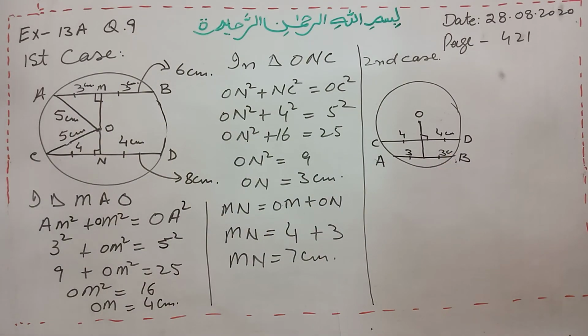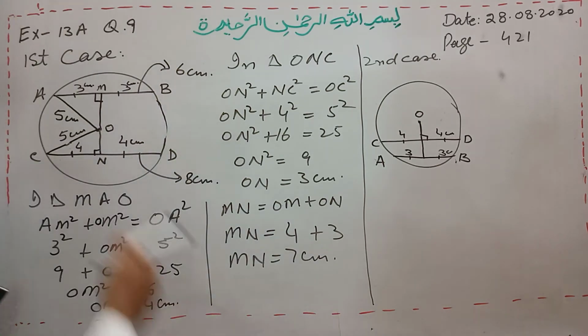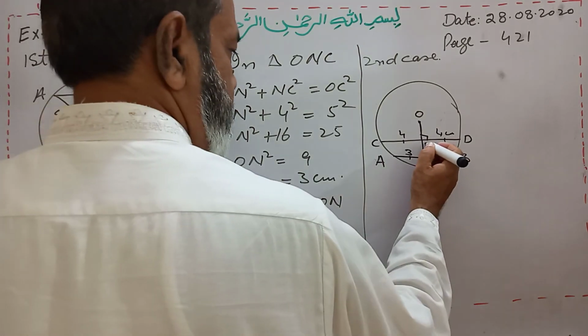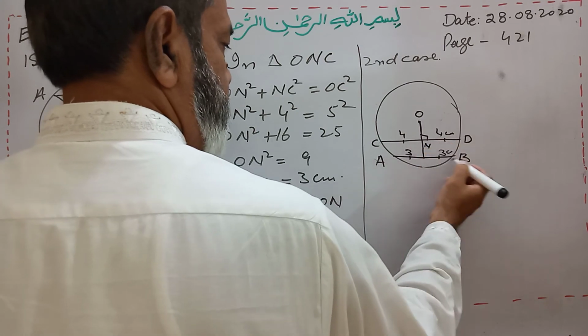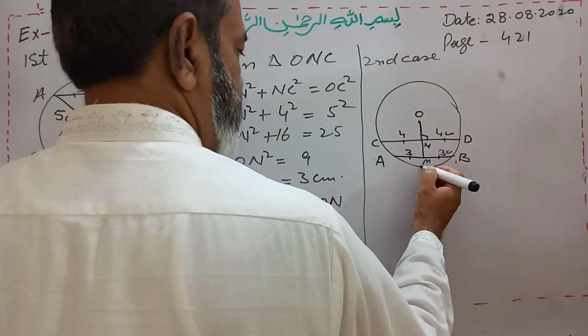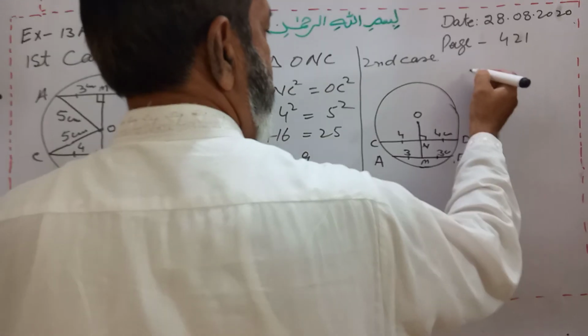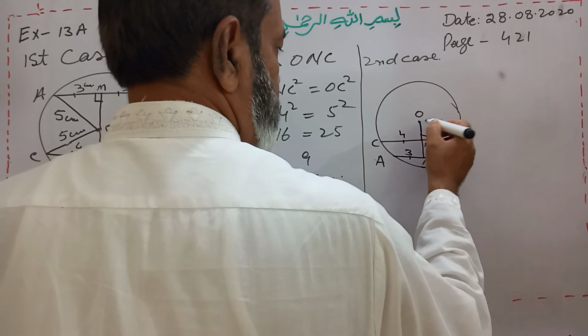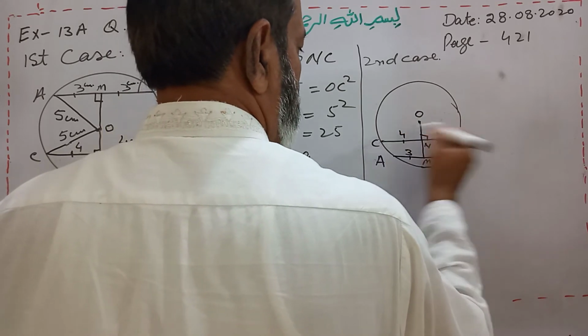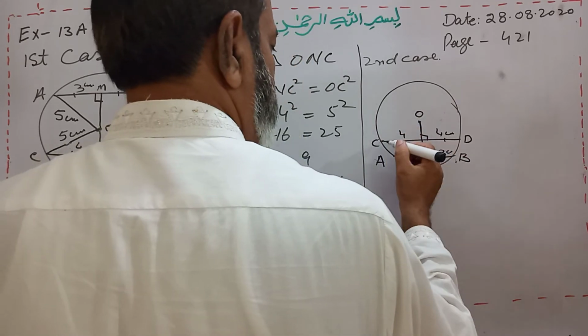Now, for the distance between the chords, at CD the point is N and at AB the point is M. Again, consider the triangle ODN.